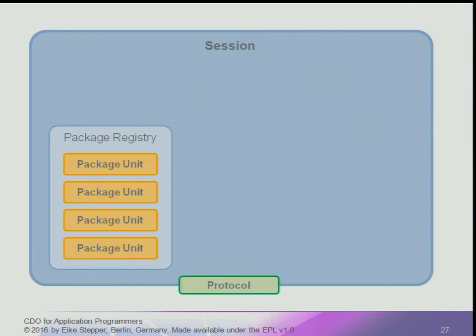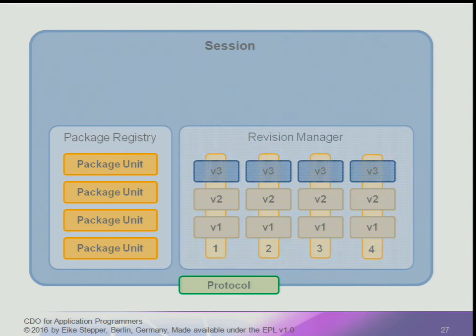These packages are also stored in the repository and they are lazily loaded when they are needed. One of the most important components of the session is the revision manager. It consists of a cache, a local cache of revisions, and a revision loader. And the revision loader here is the protocol.